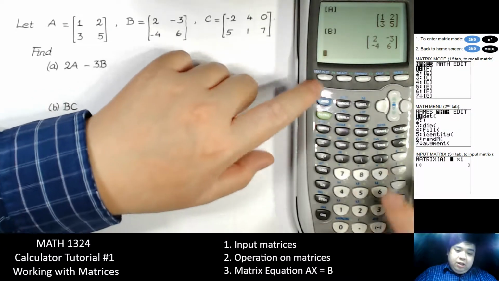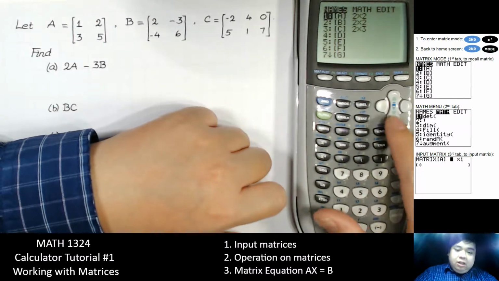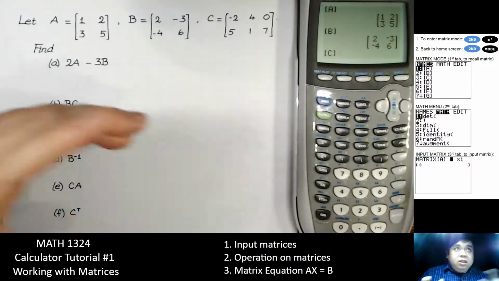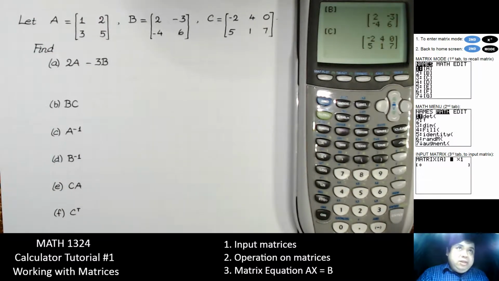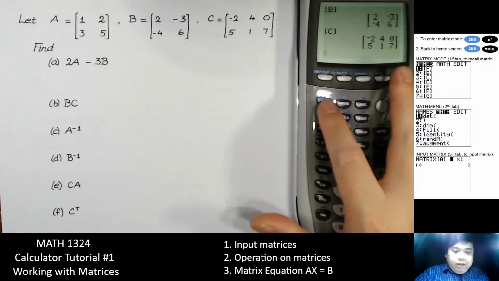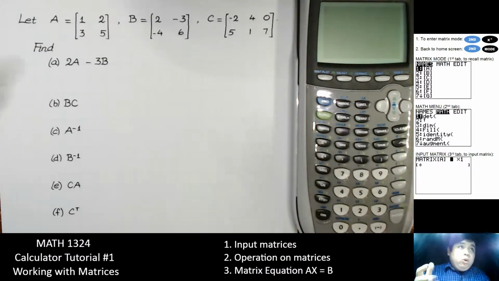And for matrix C, we highlight 3, then hit enter to give you matrix C. Now we have put all the matrices in the calculator.